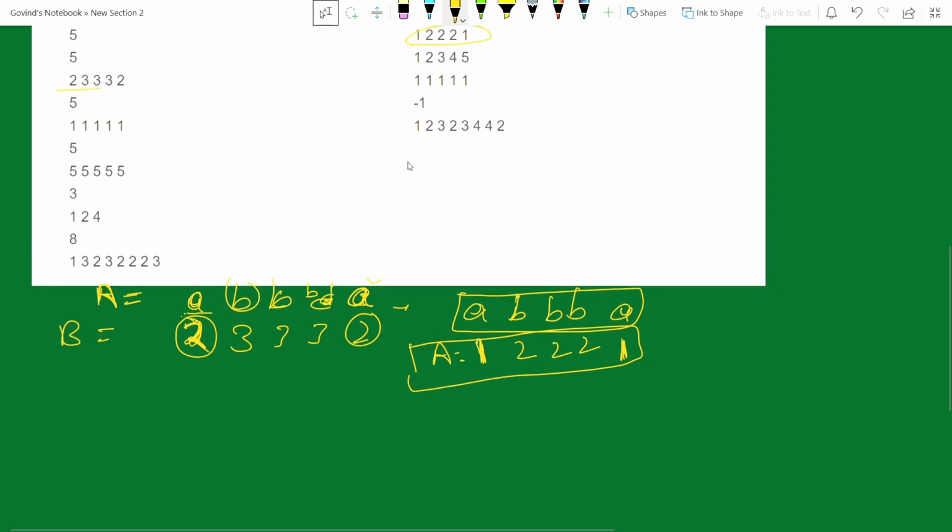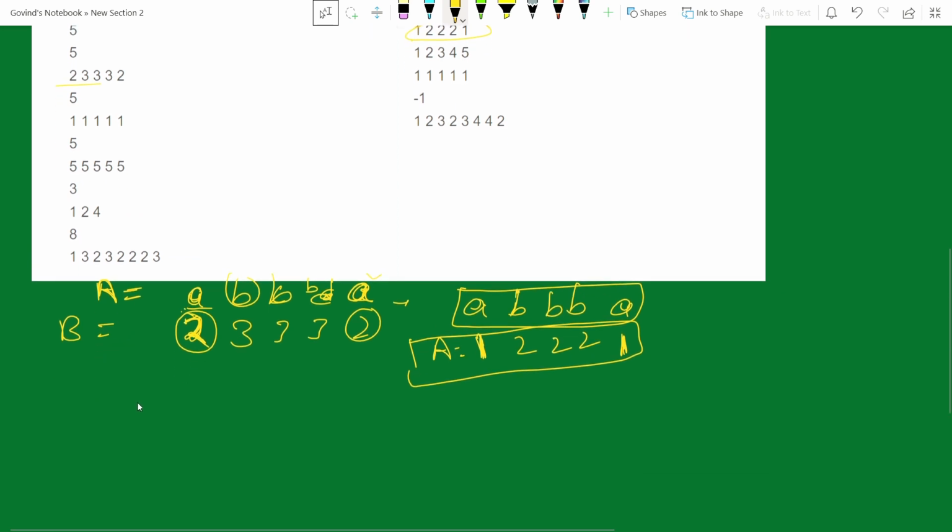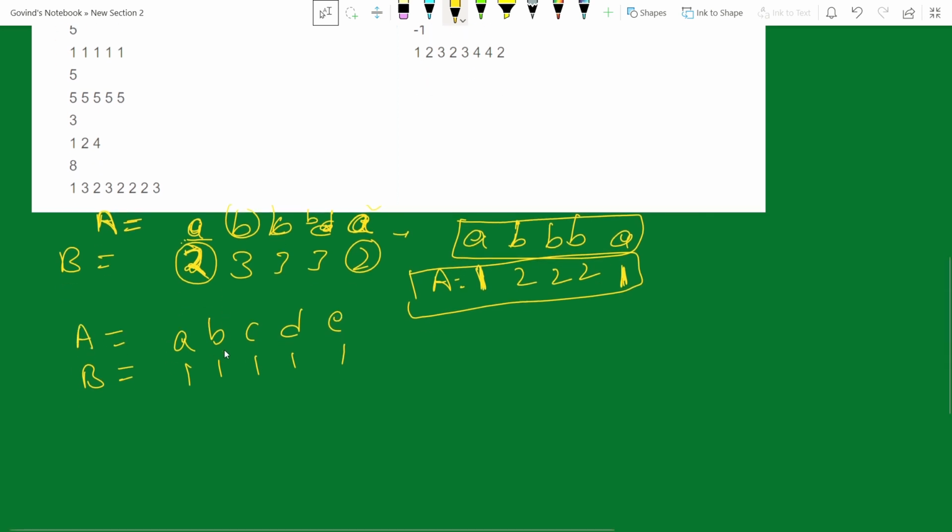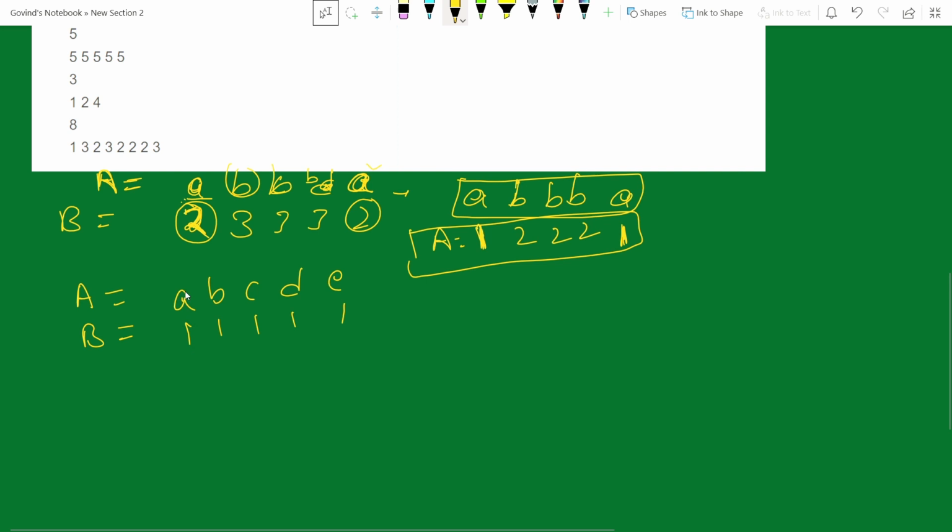Okay, let's take another example. If array B is given to us as 1 1 1 1 1, and A, B, C, D, E are the elements of array A, then we can see that number A is occurring one time. Yes, its frequency is 1, and it is coming one time in this array A. Great.